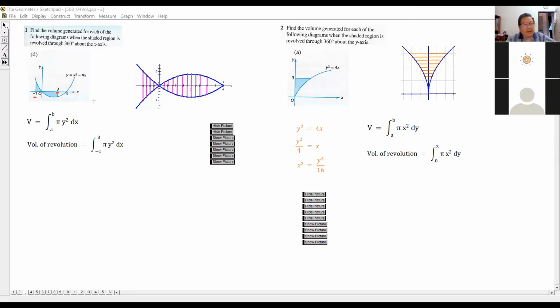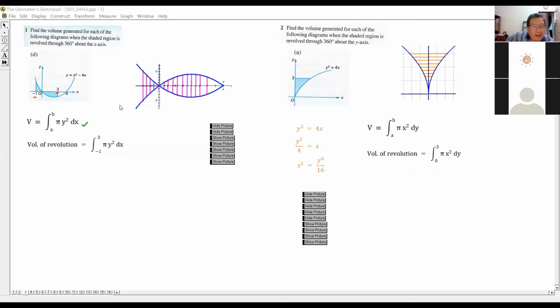The area between the curve and these two limits is rotated about the x-axis. When you rotate about the x-axis, the formula is pi y squared dx. In this case, the area is divided into two parts, between -1 and 0, and between 0 and 3.